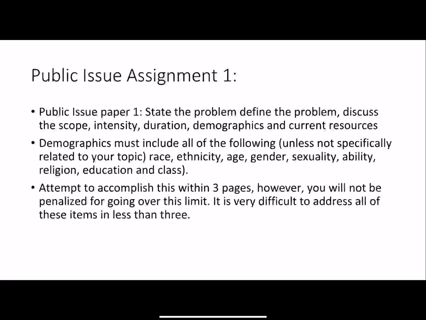But it's important to define the public issue so that others who may not have the same kind of access to healthcare knowledge that you do, or the same experiences, would understand the perspective that you are bringing when you discuss the issue. You're also going to talk about the scope, how widespread the problem is, the intensity, how bad the problem is, duration, which is related to the history of the problem, demographics, and current resources available related to the topic.